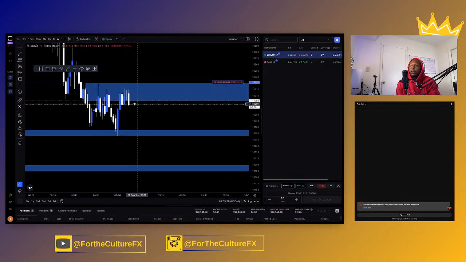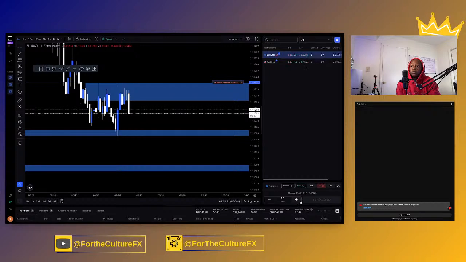So if this candle closes as this bearish candle, I'm going to go ahead and take a short. And it's looking like that's what it's going to be. And she just absolutely starting to rip here.